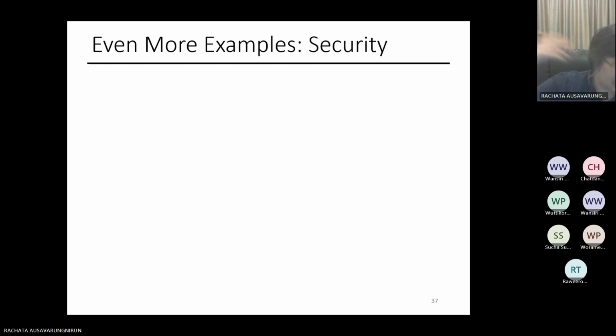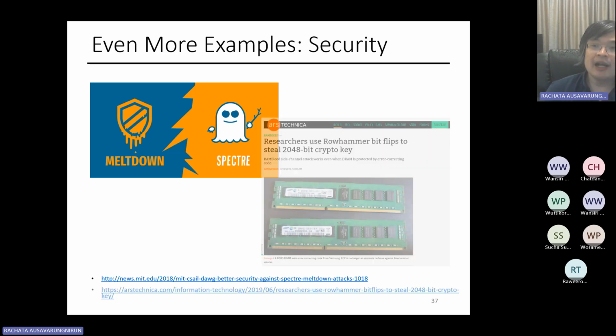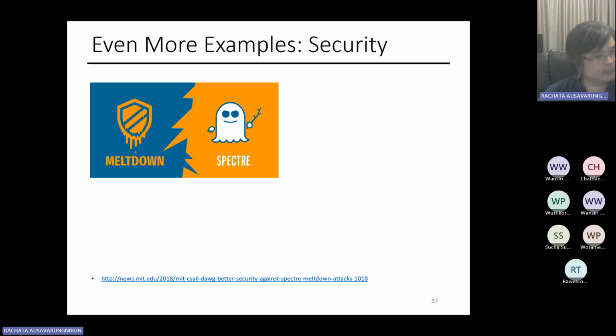Right? Other examples include things like security. There's a paper in 2018 called the Spectre and the Meltdown attacks. The Spectre and Meltdown attacks basically uncovered some hardware optimizations we've been doing for the past, say, 20 years, that expose security information that we're not supposed to expose.